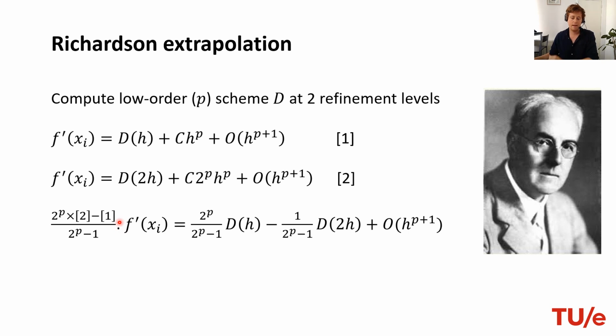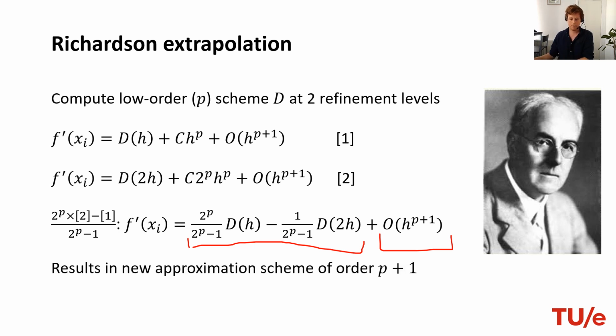So using a scheme of order p, by evaluating it twice and combining those two formulas, we are able to come up with a new scheme with an error which is of order p plus 1. So this results in a new approximation scheme of order p plus 1.